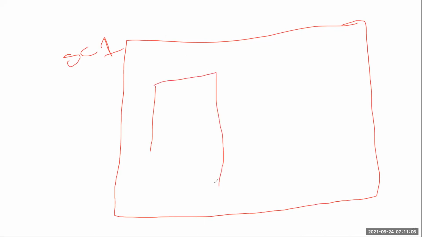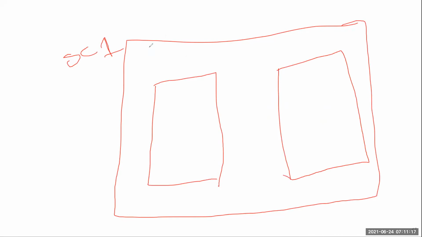One is here and the other one is here. For example, I'm saying two frames. This is section 1, this is section 2. Both the sections are in frames. This is frame 1 and this is frame 2, for example.